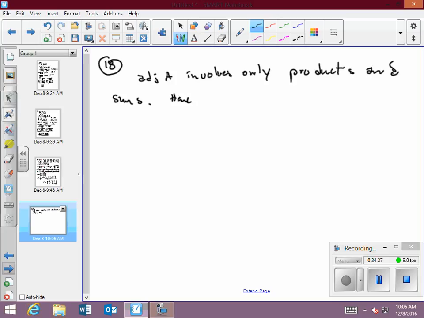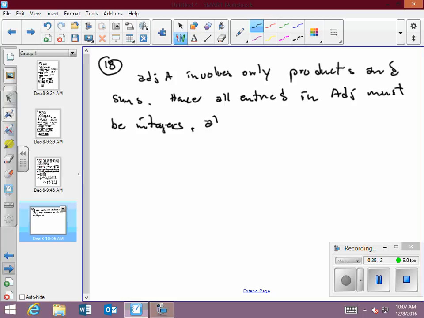Hence all entries in the adjoint must be integers, right? Because if you take products of integers, you get integers. Sums and differences of integers are integers. So the adjoint has to be integers.